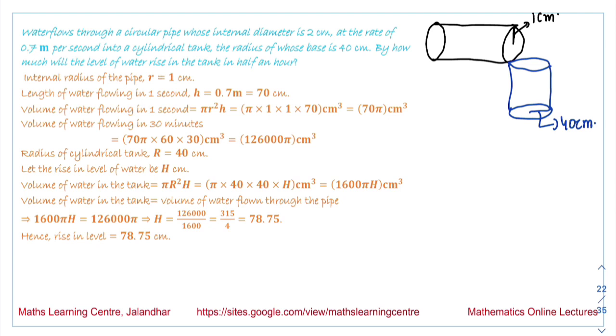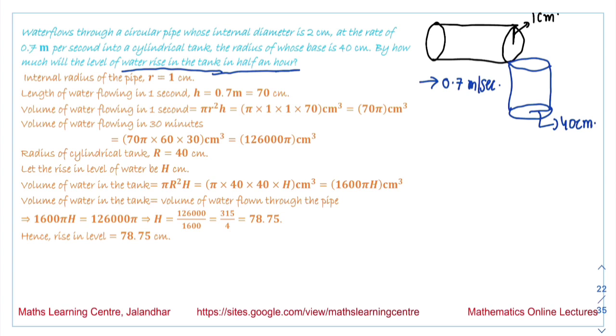The speed at which the water is flowing is 0.7 meter per second, and it takes half an hour to fill this. By how much will the level of water rise in the tank in half an hour?